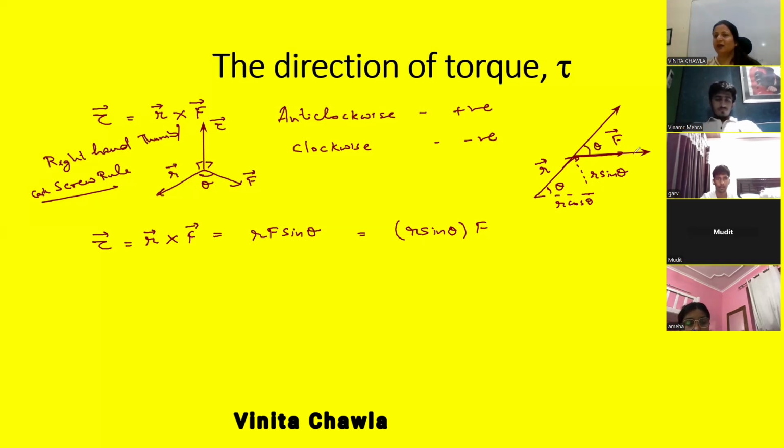Angle between vector R and vector F is theta. सो ये एंगल भी थीटा होगा, है ना? कॉरेस्पॉन्डिंग एंगल्स लग रहे हैं ना? अब ये आपने राइट एंगल ट्राइंगल बना दिया, तो ये बेस आपका R cos theta हो जाएगा और ये आपका R sin theta. So if we are writing RF sin theta as this, so what is this R sin theta? R sin theta is the perpendicular component of vector R, into F, right?